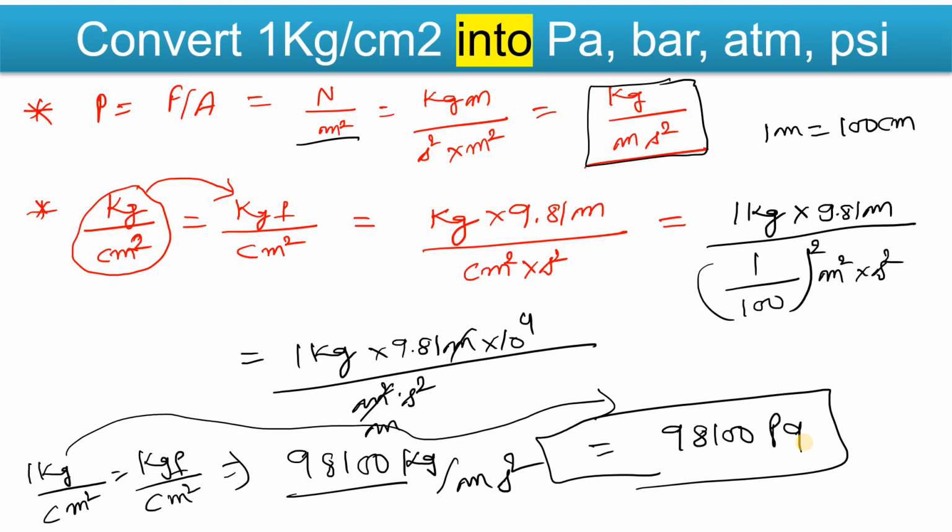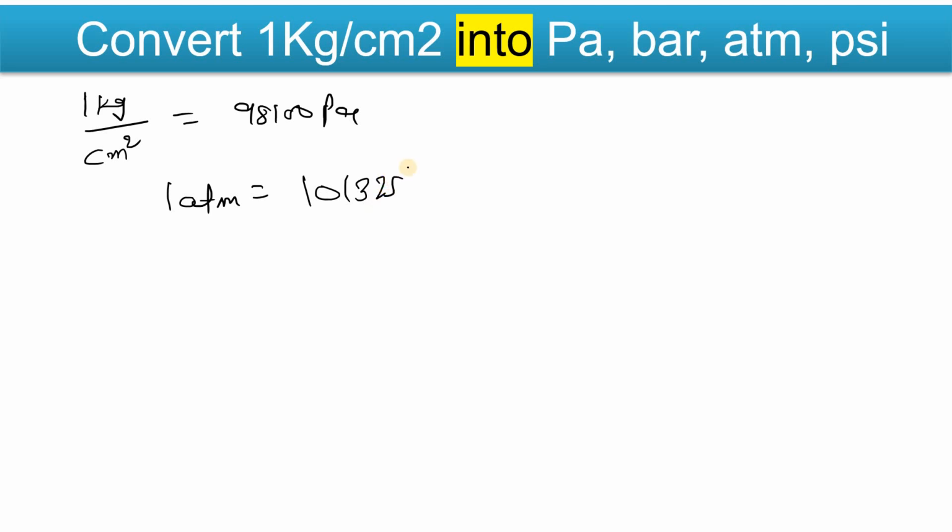I hope you got the point what I want to tell you. Now if you want to convert that into atmospheric, simply you could convert. How can you convert? You know that 1 kg per centimeter square is equal to 98100 Pascal, and you also know that 1 atmospheric pressure is equal to 101,325 Pascal.